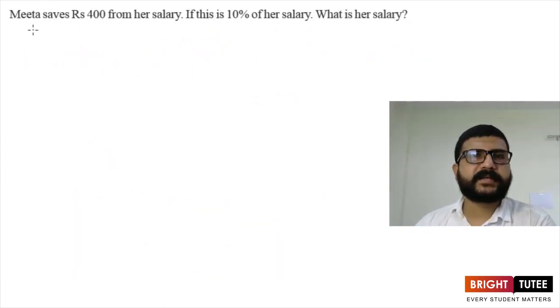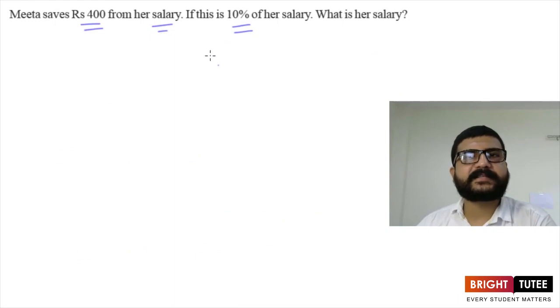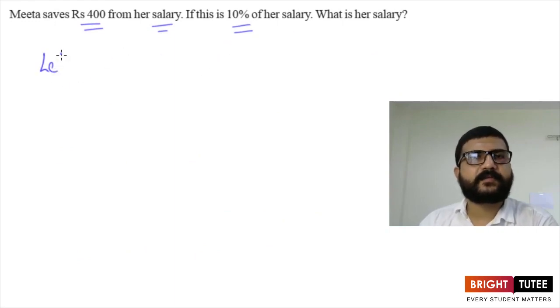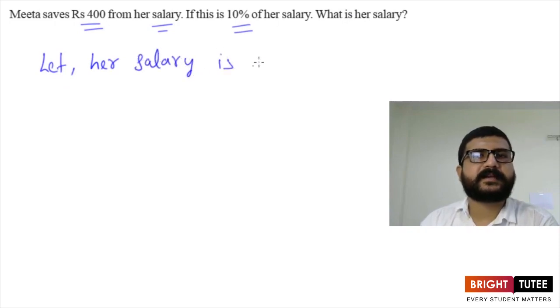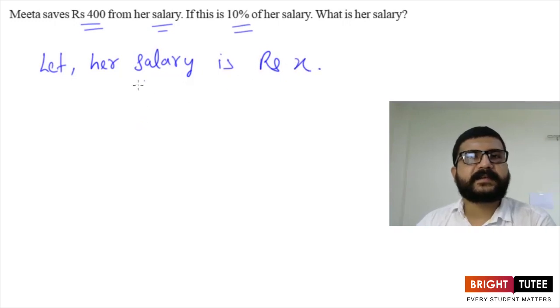Now the next question is, Meeta saves rupees 400 from her salary. If this is 10% of her salary, what is her salary? So we can assume, let her salary be rupees X. If her salary is rupees X, then what is 10% of her salary?